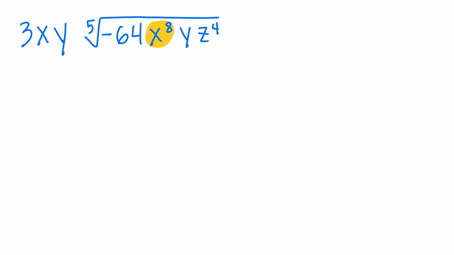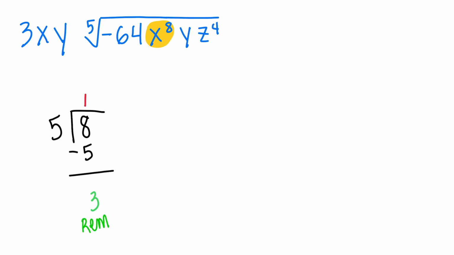All right, going on to x to the power of 8. To do this, we're going to go back to our previous math years where we've done something like this. So 8 divided by 5, we have our remainder here as 3, and here above we have our quotient.